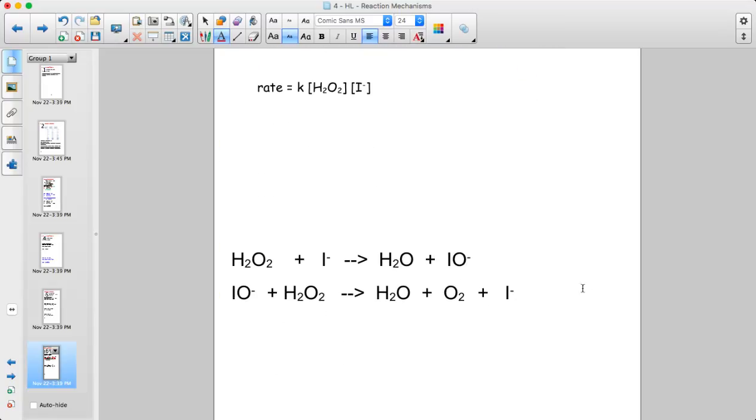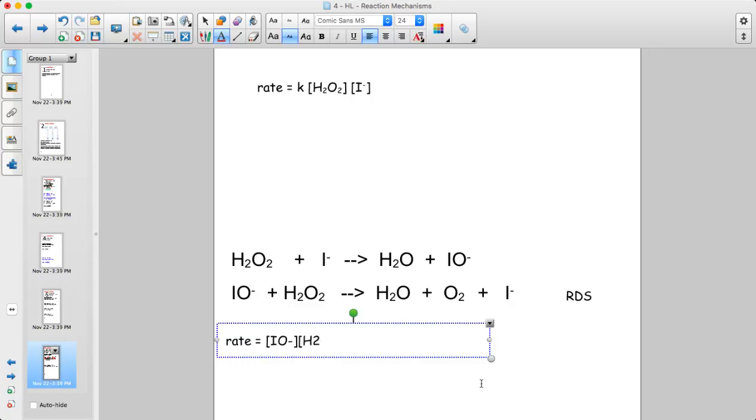If the second step here is the rate determining step, then, well, first we'd say that the rate equals IO minus and H2O2. But because IO minus is an intermediate, we would look at what formed IO minus, and that would be these two things here. And so we'd end up with I minus and H2O2 squared.